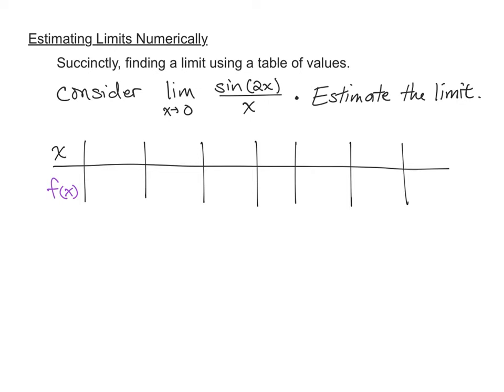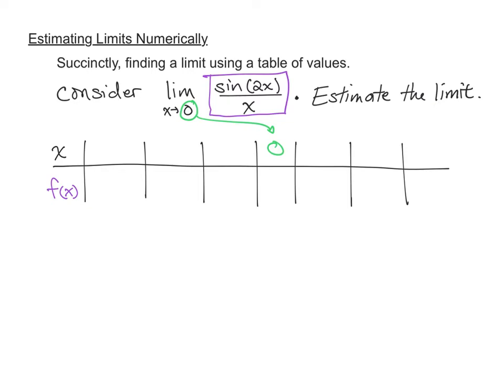But before we get to that, I want to make clear some notation here. This f of x refers to what we are taking the limit of. So when we are doing this, we want to have the limit as x approaches 0. So the standard way of doing this is putting 0 in the middle of the table, and then you will pick 3 values to the left and 3 values to the right of 0.